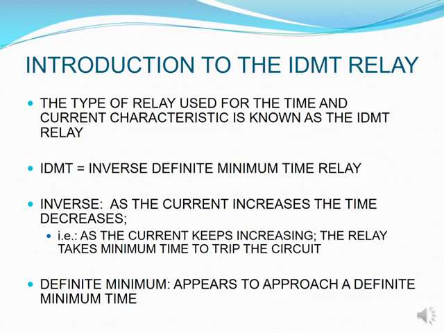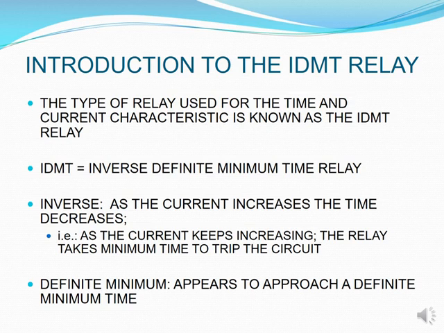I am now going to introduce what we call the IDMT relay. IDMT stands for Inverse Definite Minimum Time Relay. So this relay is what is used for the time and current characteristics. And really, as I said before in the previous slide, inverse means that as your current increases, your time is going to decrease.